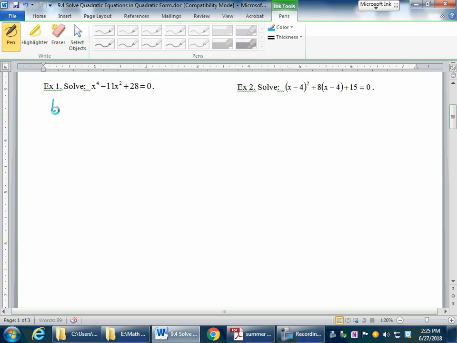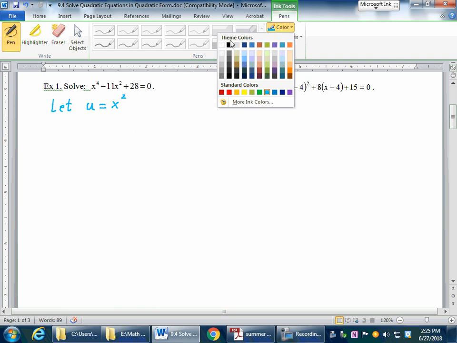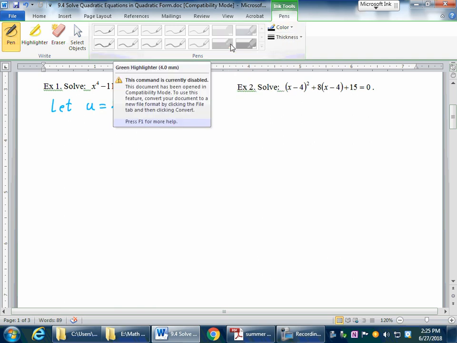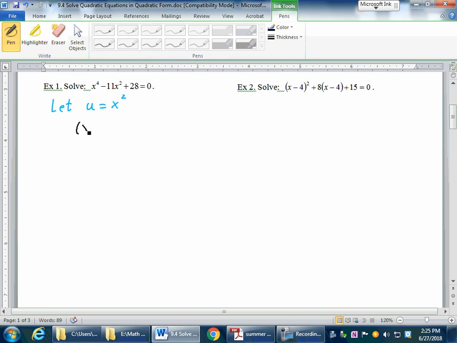I can say let u be equal to x to the second power. So when I look at my equation, x to the fourth power is basically x to the second power squared, minus 11x squared plus 28 equals 0.